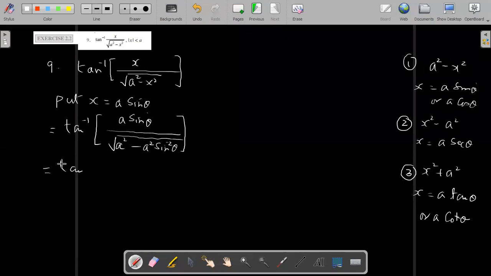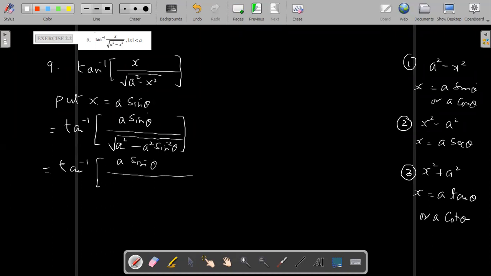Tan inverse of a sine theta divided by under root of a square, we can take a square common, so we get 1 minus sine square theta inside the bracket. Now you can put the root on both the values.